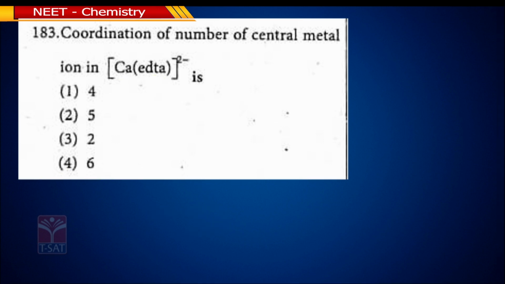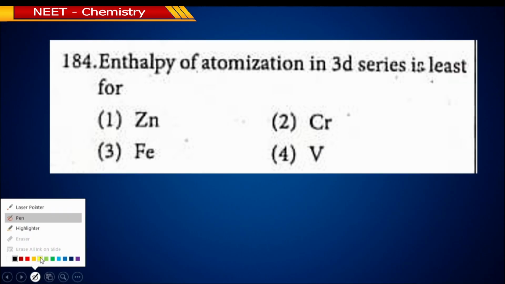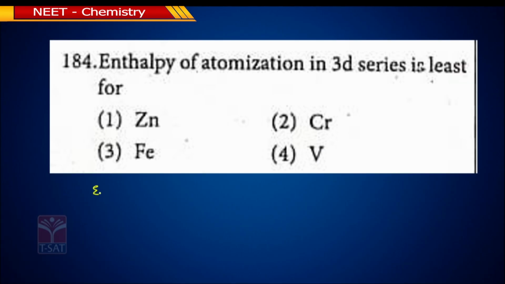Next, the enthalpy of atomization in the 3D series is least for which element? Enthalpy of atomization is the energy required for making an atom from its element or its metallic state.